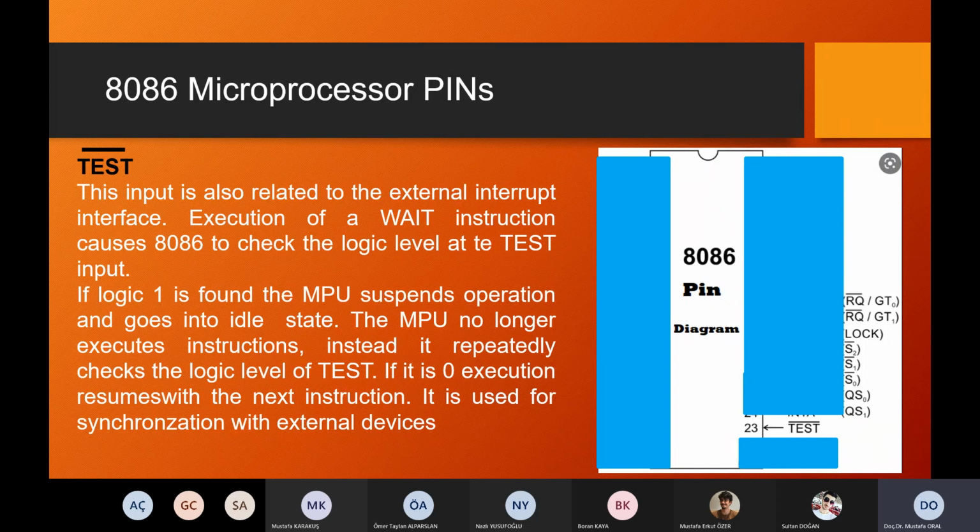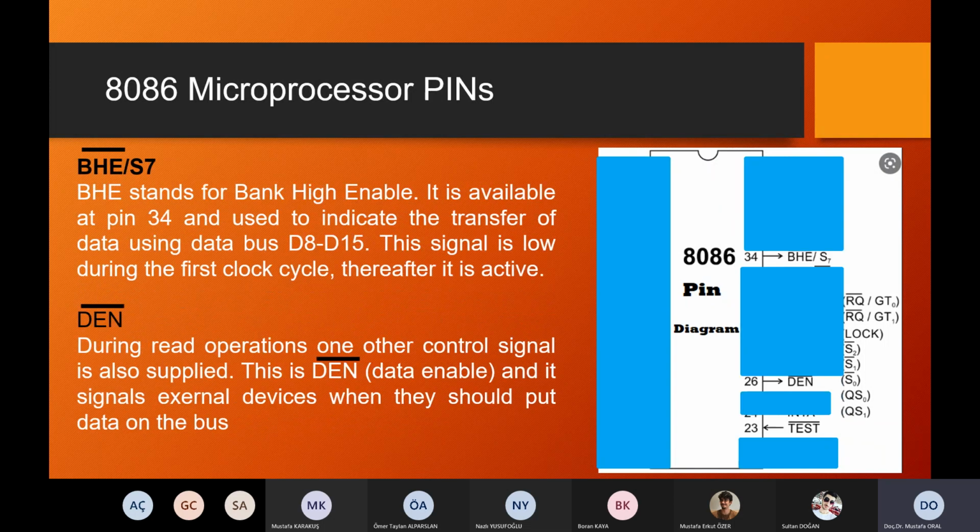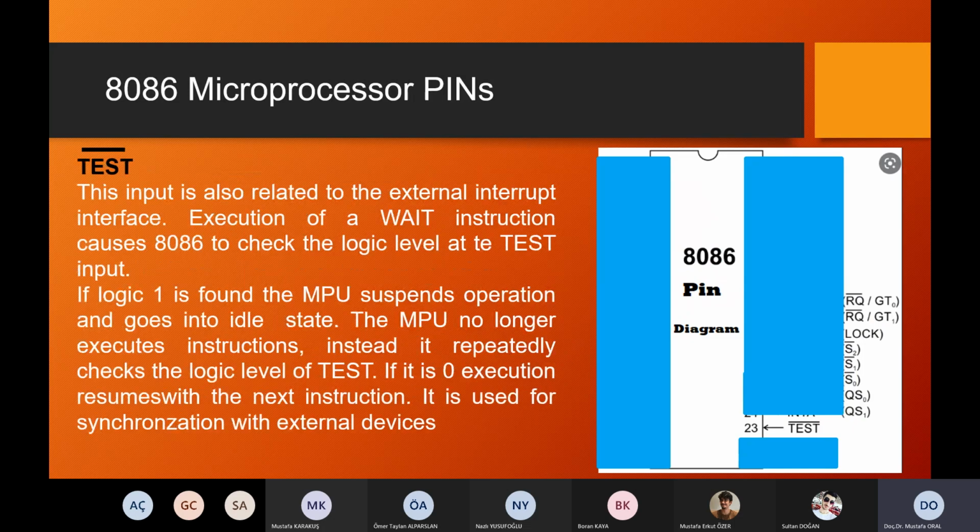So the wait input, where is that? Test. The test input, number 23, has been scanned. Whenever it is 1, it starts waiting.